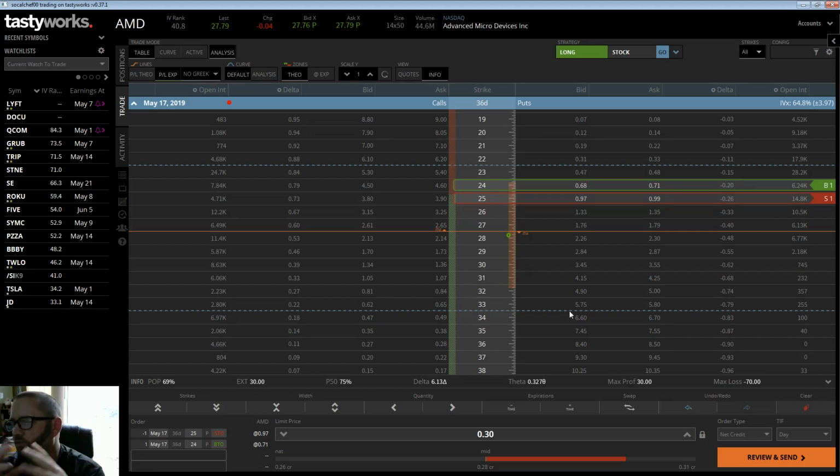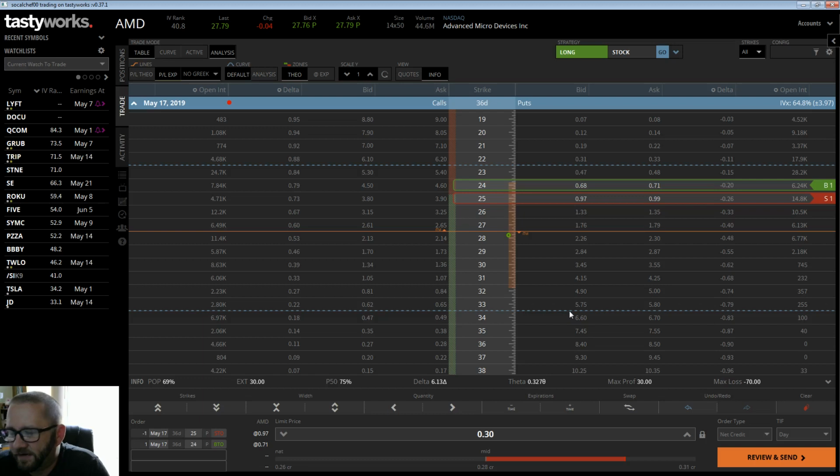So you want to collect, 1/3 the width would be 33 cents, but I'll go about 30 typically, all the way down to 25. So if you're collecting 30 cents on this trade, then that means your max loss is 70, because it's $1 wide. The most you could make on the trade is $1 or $100. Well, you're collecting 30 up front, that leaves you 70.